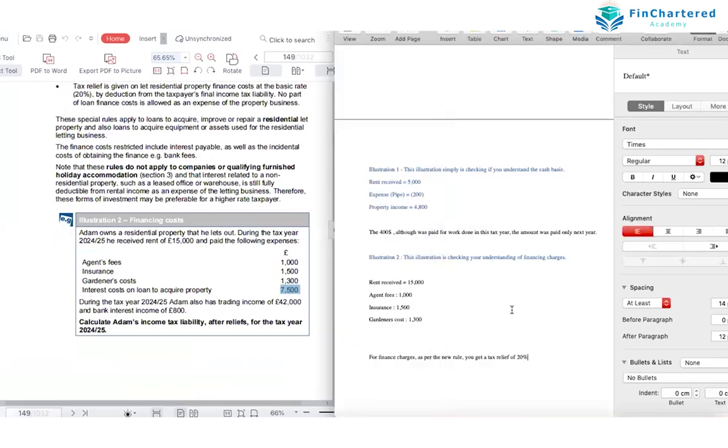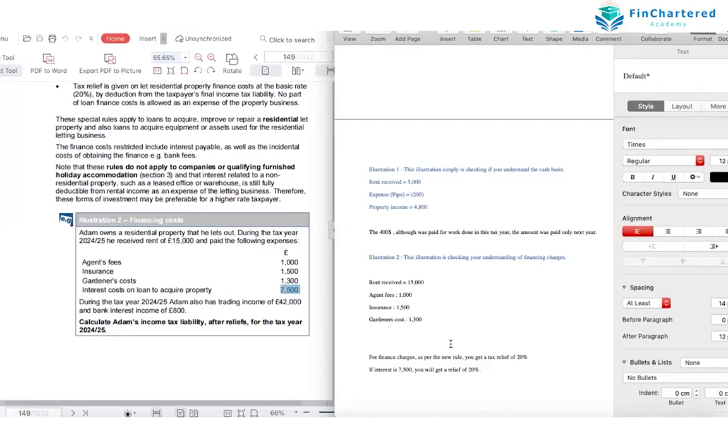But now you get a tax relief of 20% on the interest. Meaning that if interest is 7,500, you will get a relief of 20% on that. That is all. Let's just keep this aside.